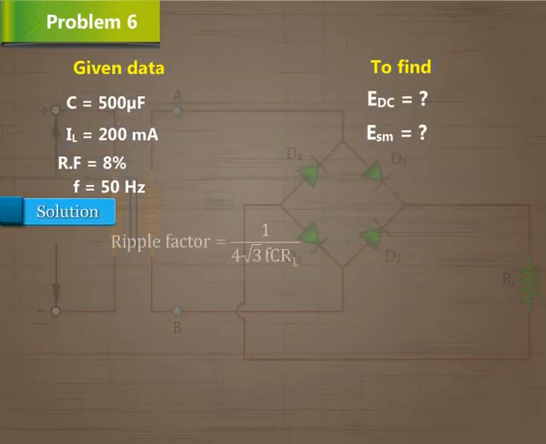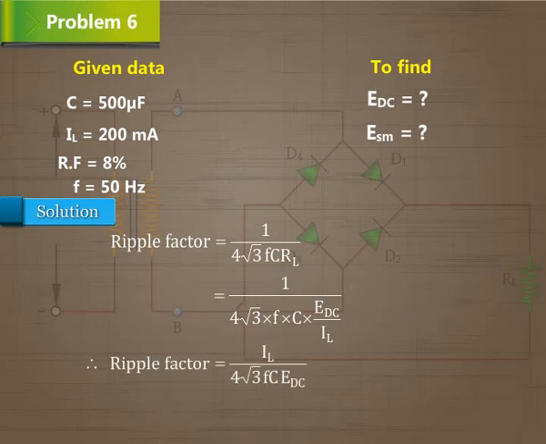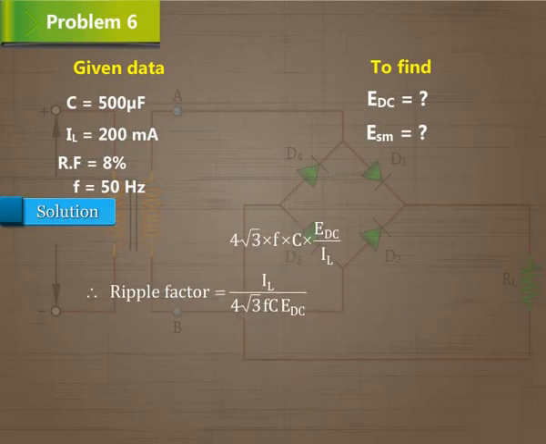Solution. Ripple factor is equal to 1 by 4 root 3 FCRL is equal to 1 by 4 root 3 into F into C into EDC by IL. Therefore, ripple factor is equal to IL by 4 root 3 FCEDC.